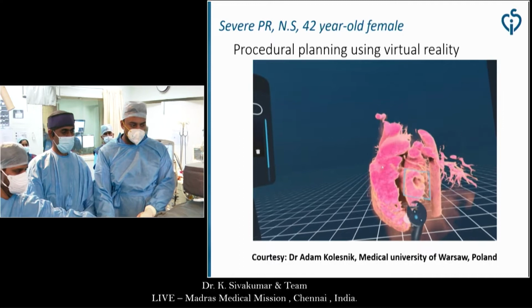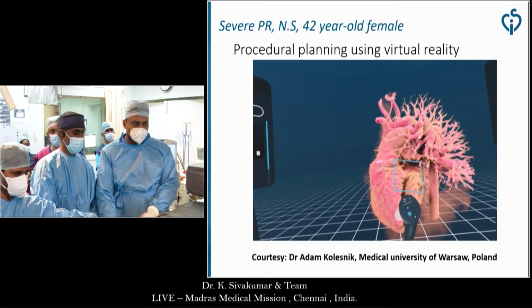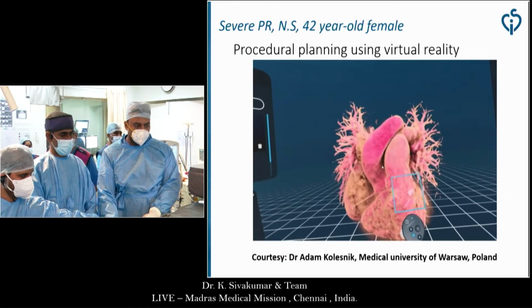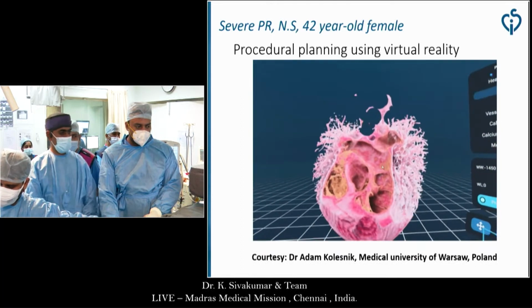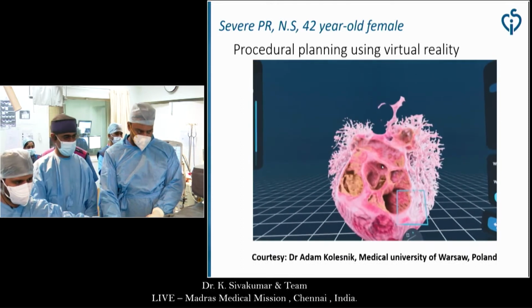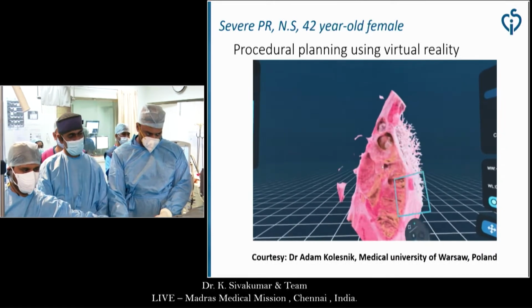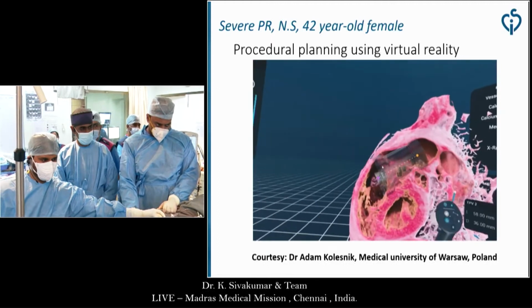Dr. Adam was kind enough to give us a virtual reality reproduction of the outflow tract. On this, he is cropping the RVOT and implanting a valve inside. According to his planning, he anticipated a 34 millimeter Venus P valve.